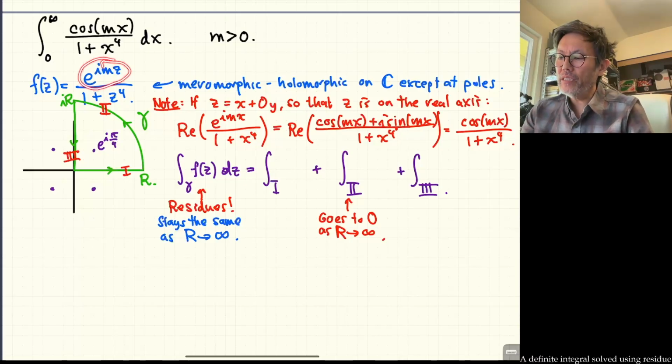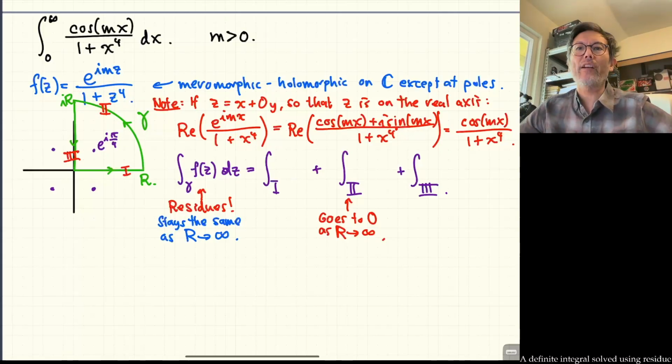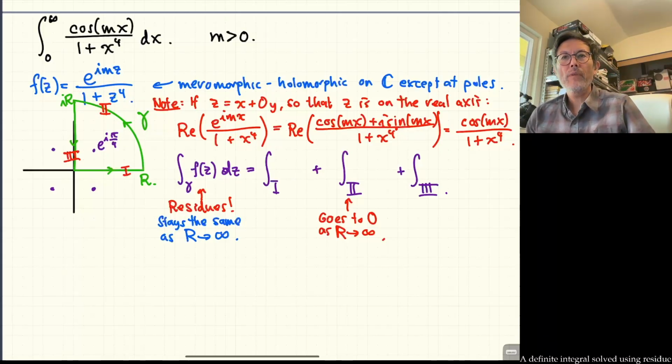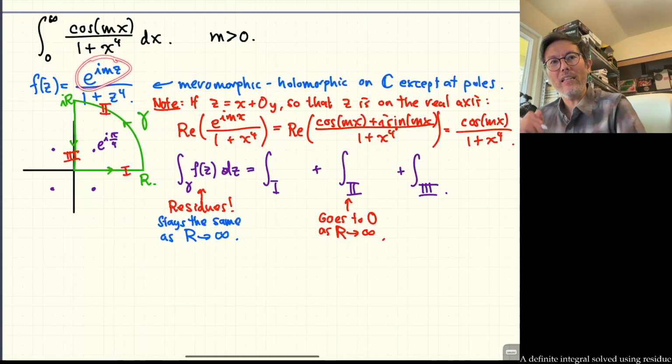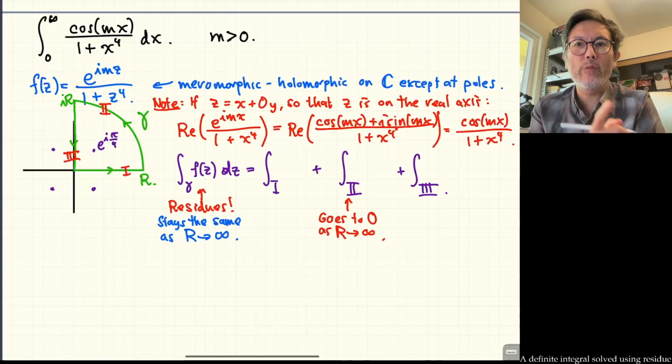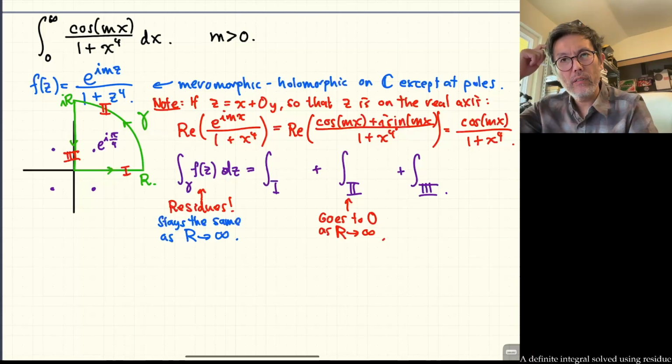Well, first maybe the easy bit, because this thing here is going to look more or less like R to the fourth plus one in modulus. The modulus of that denominator is going to look more or less like R to the fourth. That's the first point. Maybe the next point is that thing there, that stays bounded for z in the first quadrant.